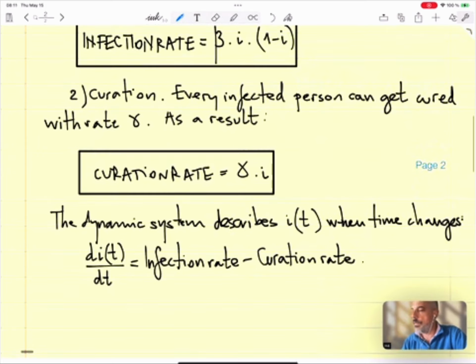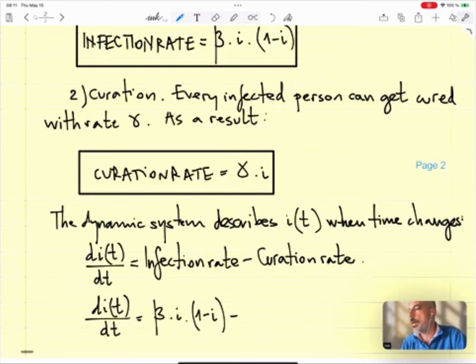So the first derivative of I with respect to time is beta times I times 1 minus I minus gamma times I.